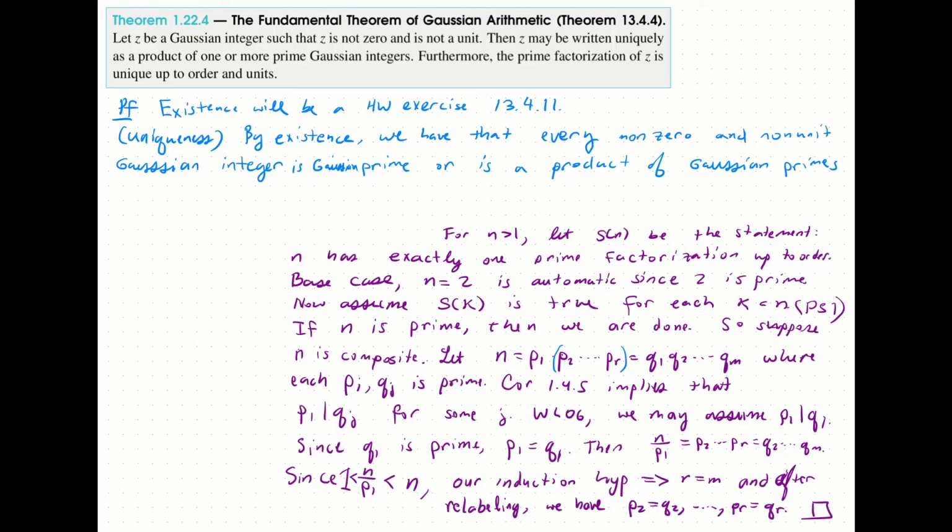And so we're going to go through the proof now with that in mind. So we need to do induction. But our original statement S of n was that n has exactly one prime factorization, and we needed to induct on the naturals. So how can we induct in this case? Because we want to induct over Gaussian integers, and we don't have an ordering there so that we can do induction. And so we do the next best thing: we're going to induct on the norm of elements.